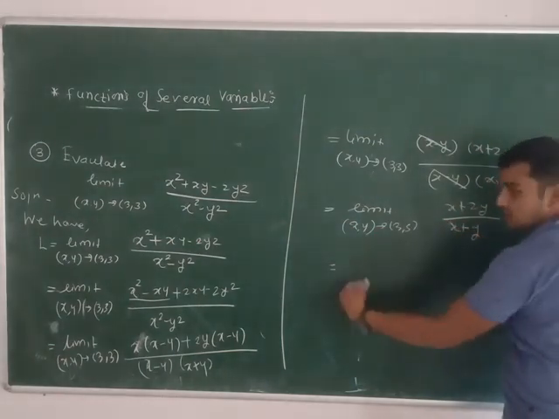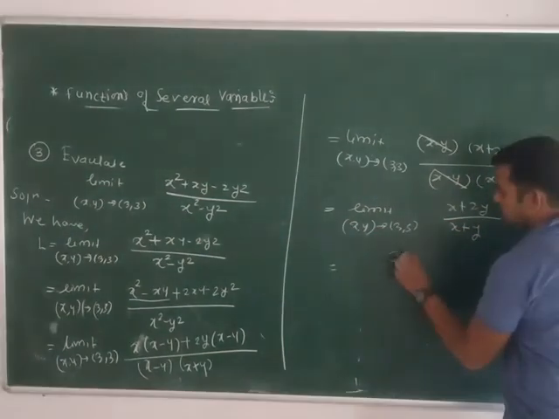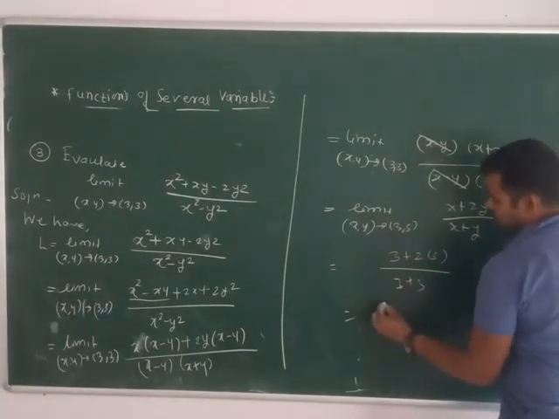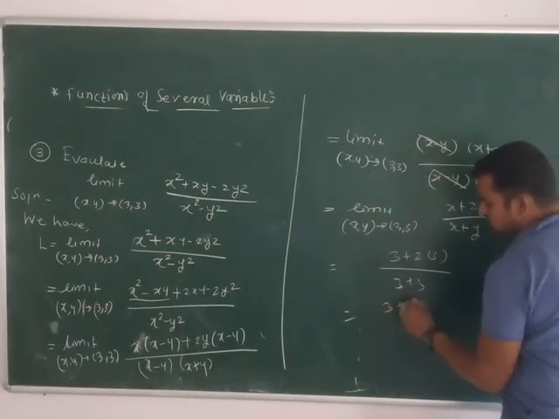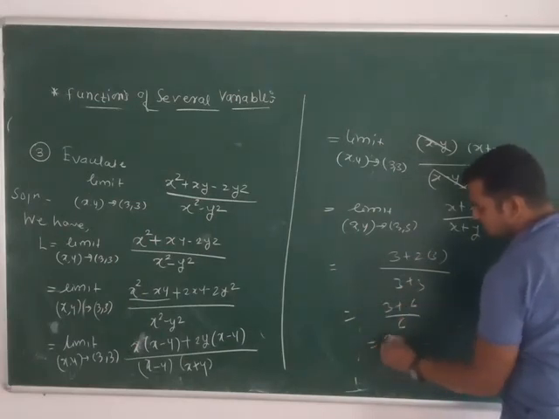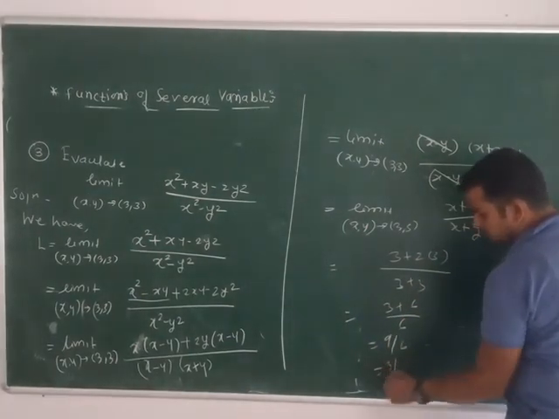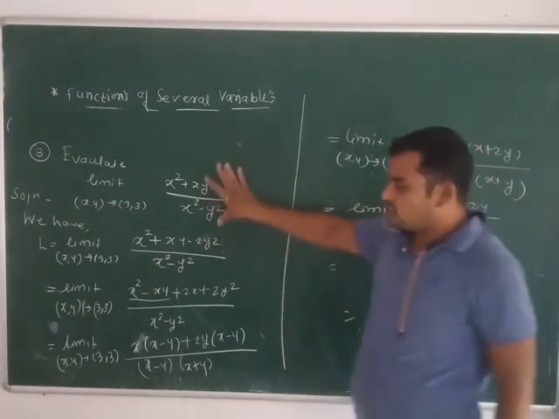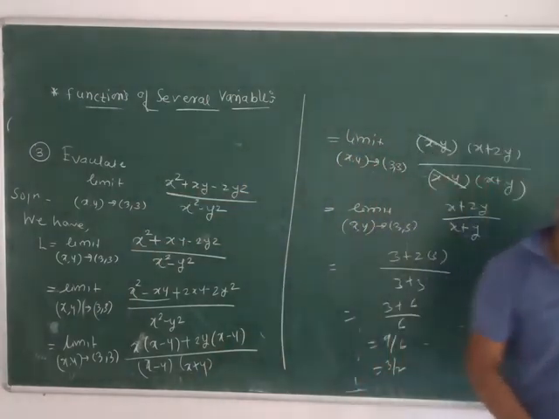By substituting the limit we get 3 plus 2 into 3 divided by 3 plus 3, which is 3 plus 6 divided by 6, that is 9 by 6, that is 3 by 2. So 3 by 2 is the limit of this function at the point (3, 3).